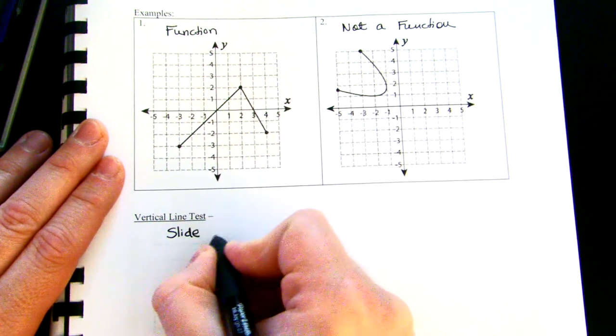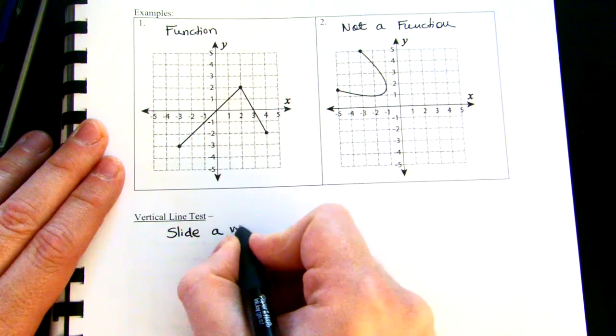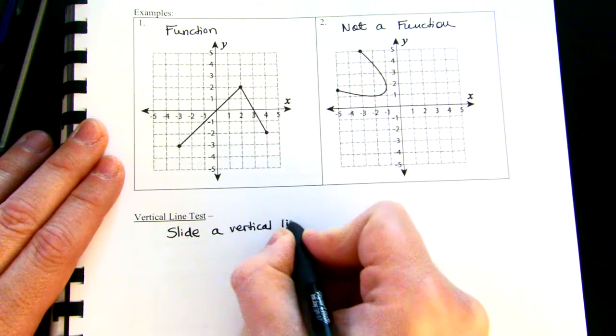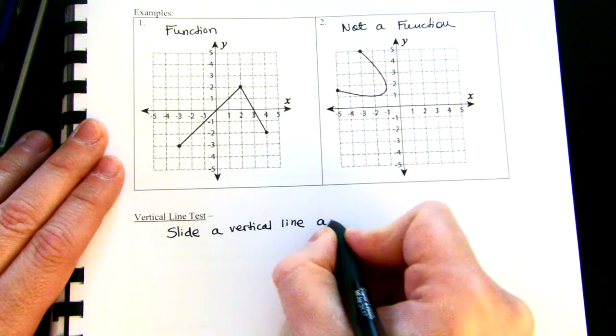My vertical line test says slide a vertical line across the graph.